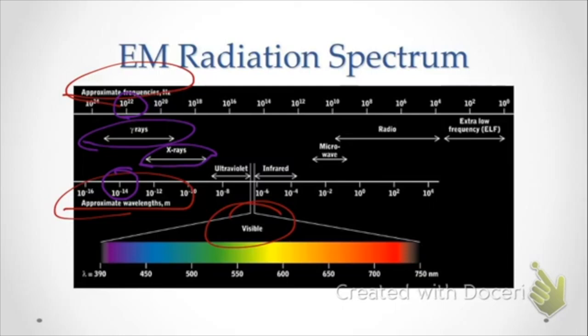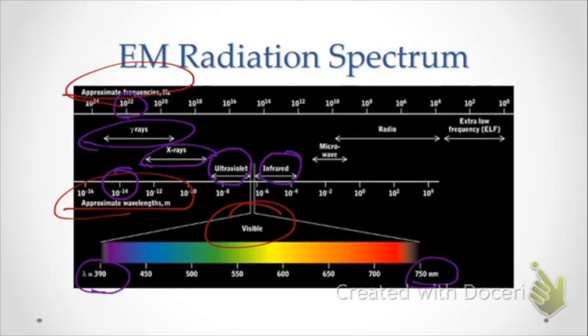Visible light, as shown down here, corresponds to a very small region of the electromagnetic spectrum. On the high frequency side of visible light, we have ultraviolet, and on the low frequency side, we have infrared. The visible light itself is shown here, with the corresponding wavelengths ranging from, in this case, 390 to 750. Usually we say that visible light represents a 400 to 700 nanometer range.